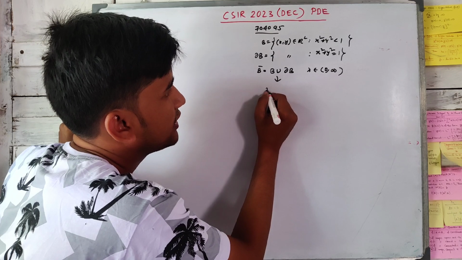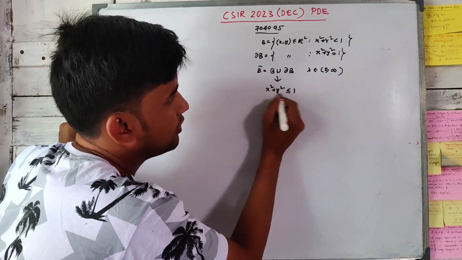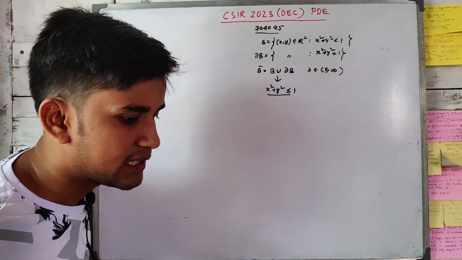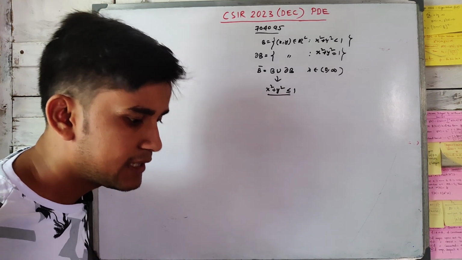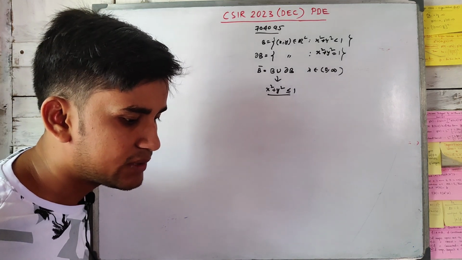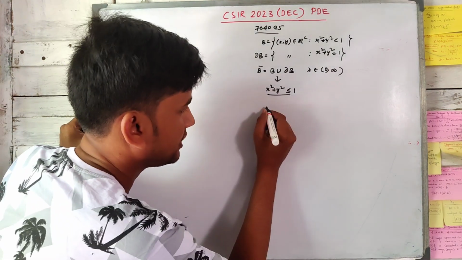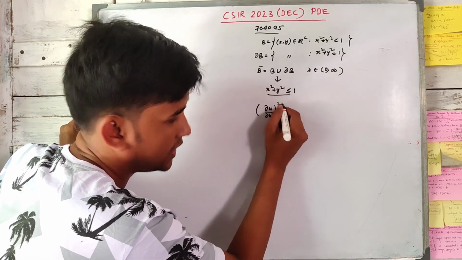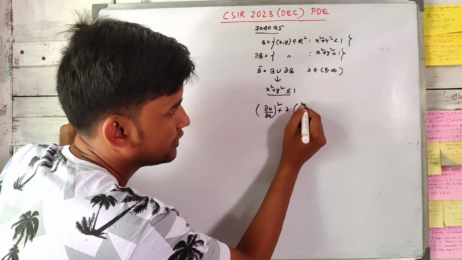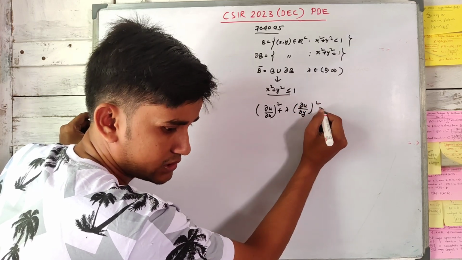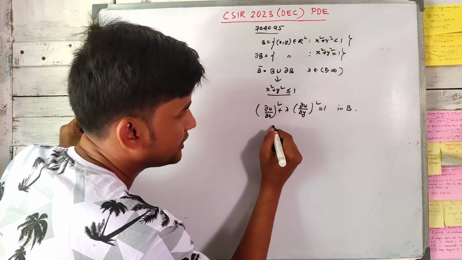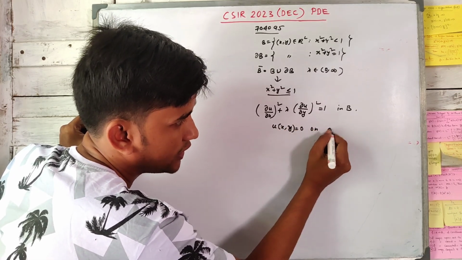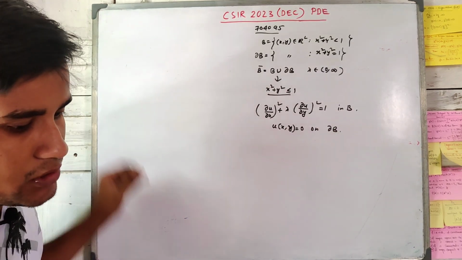B union delta B means x square plus y square less than or equal to 1. So for B bar, let S lambda be the set of twice continuously differentiable functions in B that are continuous on B bar and satisfy the PDE (del u by del x) whole square plus lambda into (del u by del y) whole square equals 1 in B, and u_x, lambda u_xy equal to 0 on delta B. Then which of the following is true?